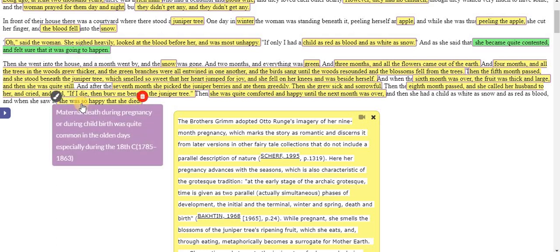So maternal death during pregnancy or childbirth was quite common in the olden days, especially during the 18th century. And remember the time period in which the Brothers Grimm lived. They were born in 1785 and they died in 1863. They knew that women often died during their pregnancies. And again, remember, they were narrating a story which was 2000 years old.